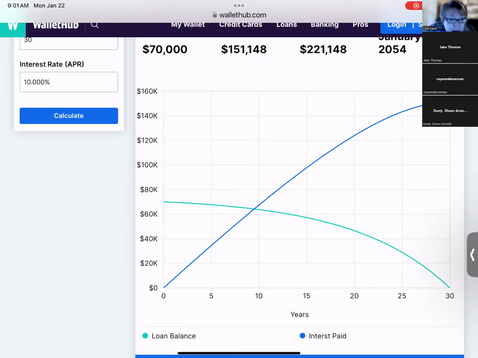And when do they owe $60,000? They still owe $60,000 in principal at about year 9, right there. And then what happens? It's just like any amortization loan. You pay the interest up front and eventually start paying off the principal.